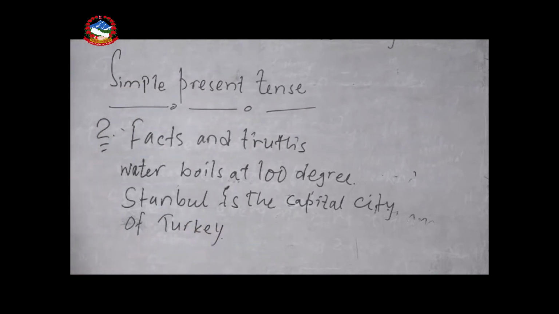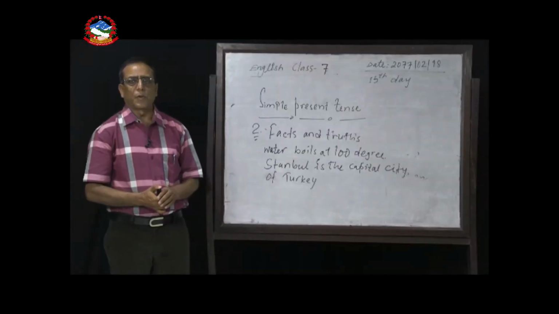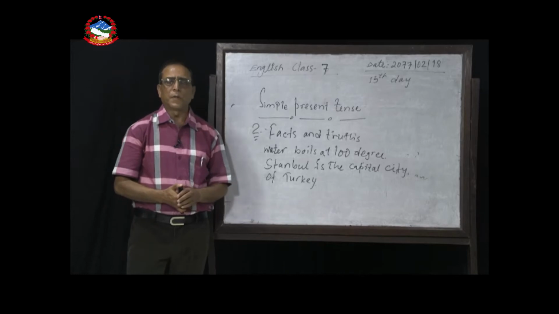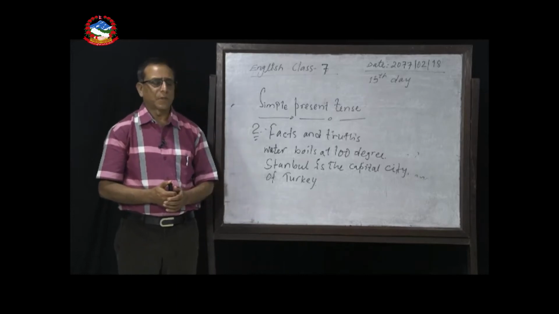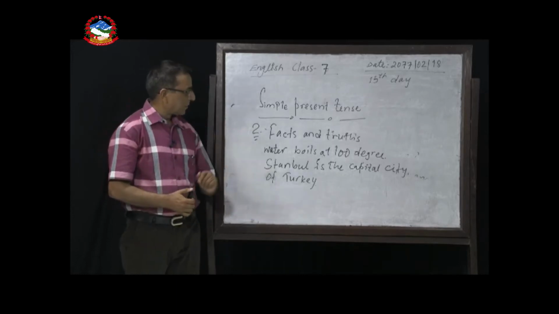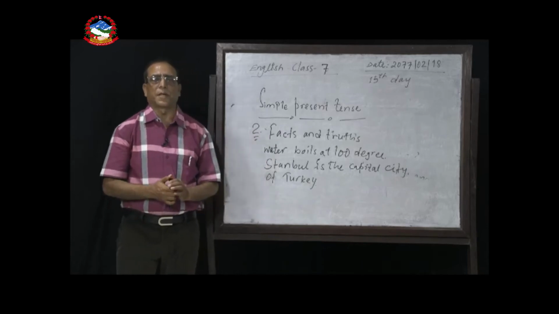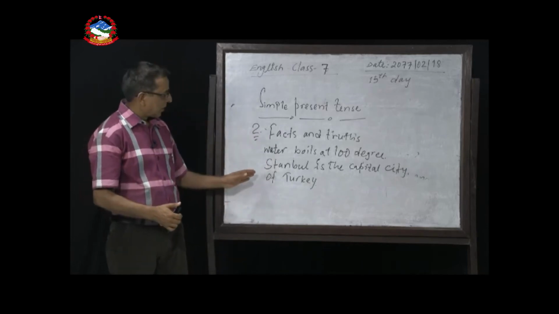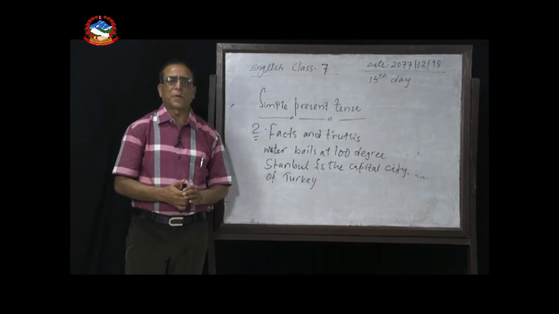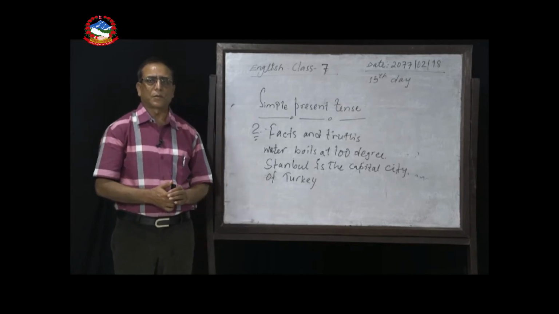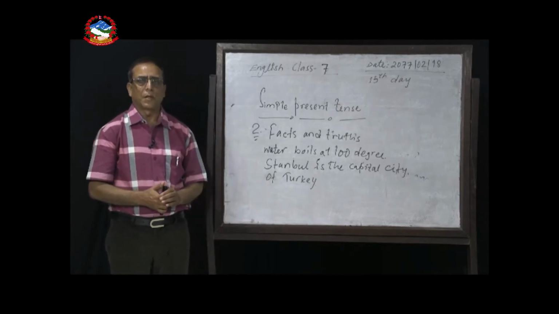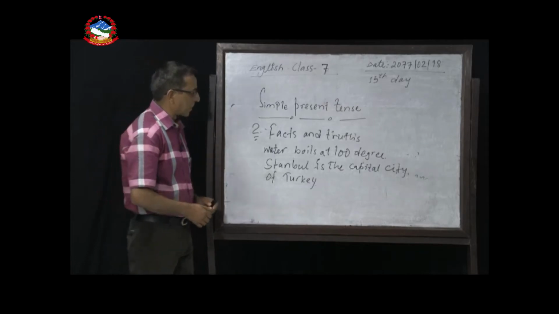Let's see. It is the truth. Istanbul is the capital city of Turkey. So we use simple present tense here because Istanbul is the capital city of Turkey. It is the truth. So we use here simple present tense.